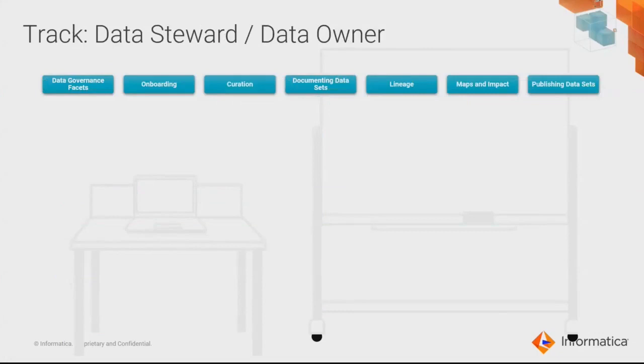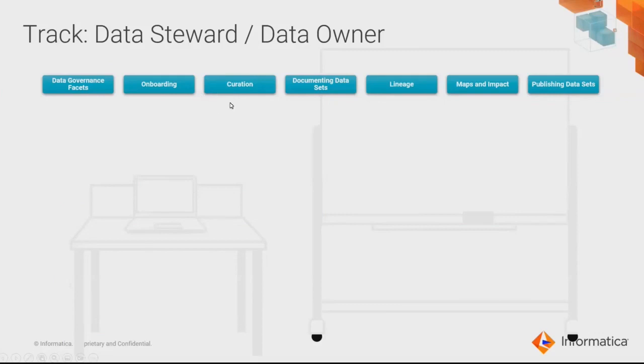So for the data stewards and data owners, they'll have a broad set of tasks that they're going to do day to day in order to maintain the model going forward. So they'll certainly need to understand the facets that make up our model, whether it is Axon or cloud data governance and catalog going forward. The onboarding activities of tying technical sources to business definitions is going to be key.